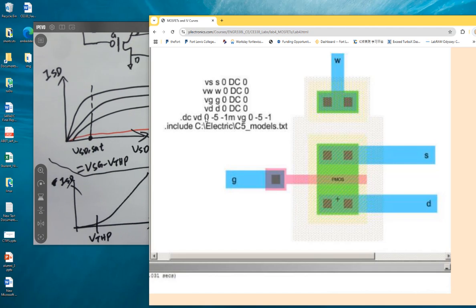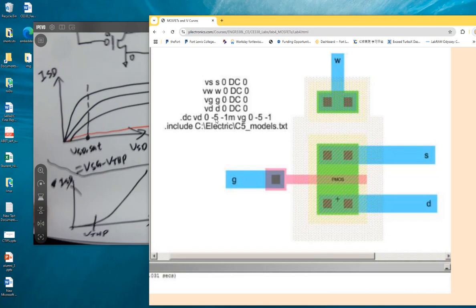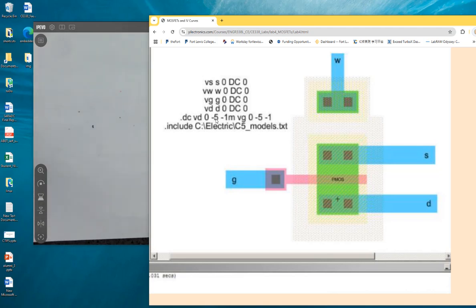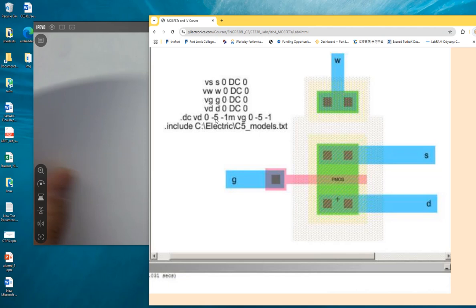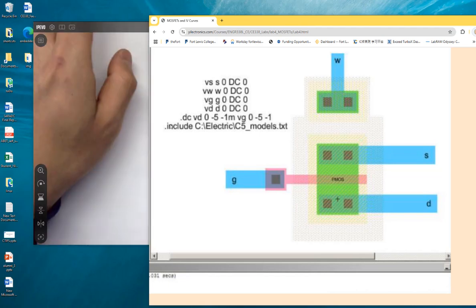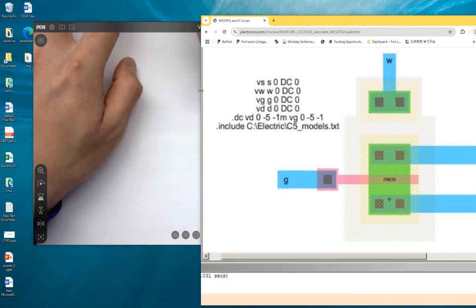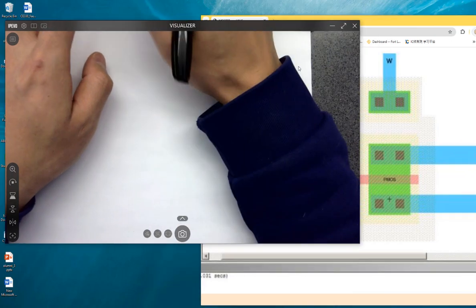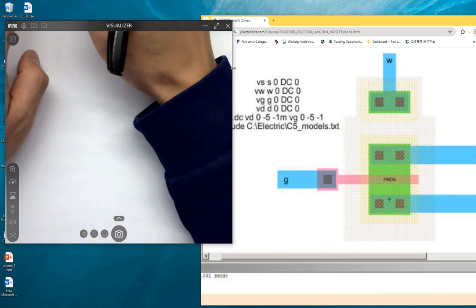And it's sweeping from 0 to -5 volts. Okay, so let's draw it on the paper to make sure it makes sense here. Yeah, it has confused people a lot in the past.